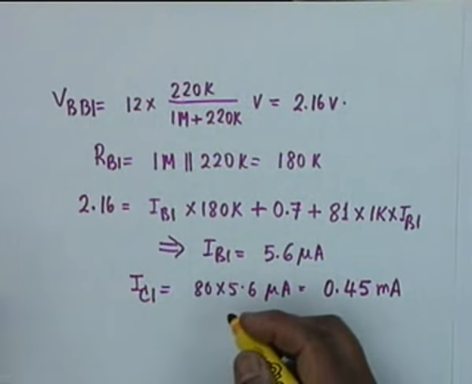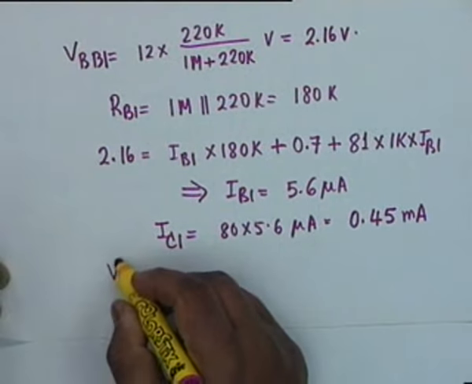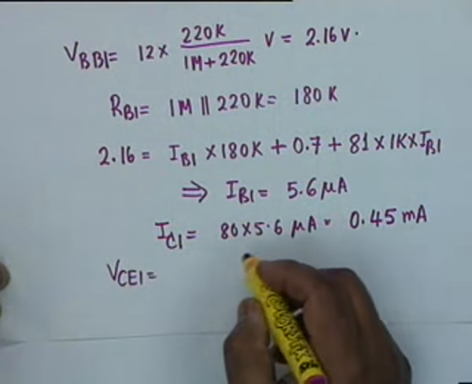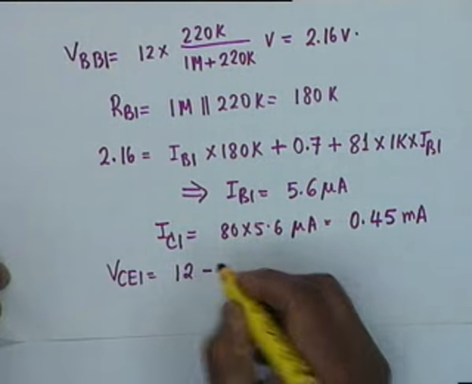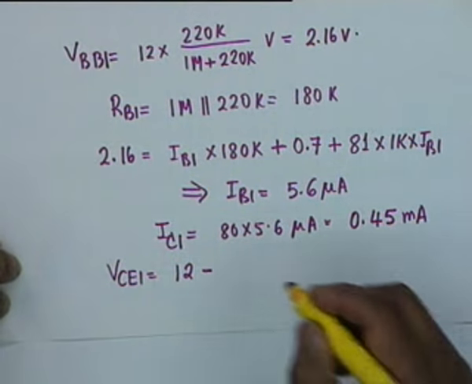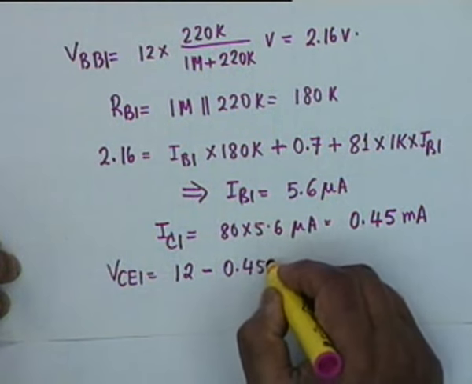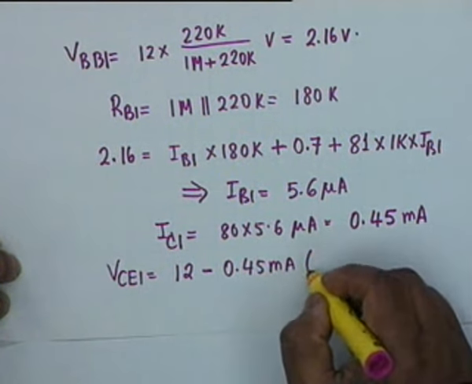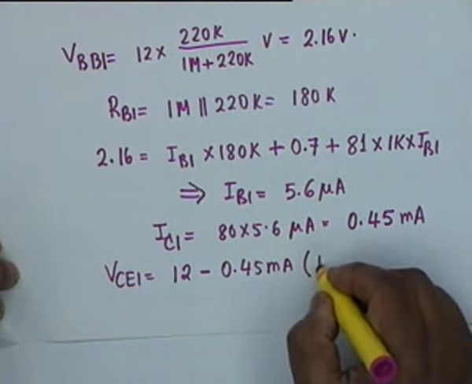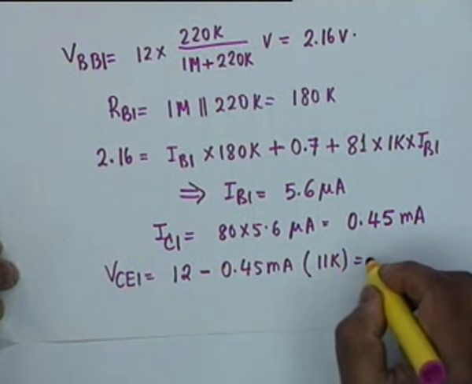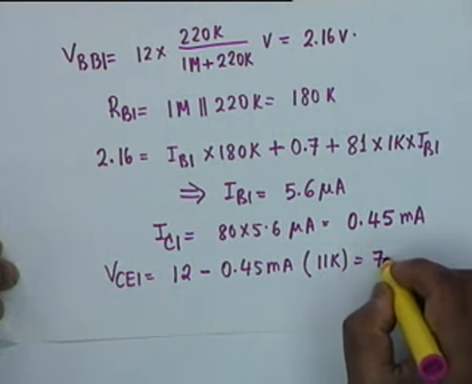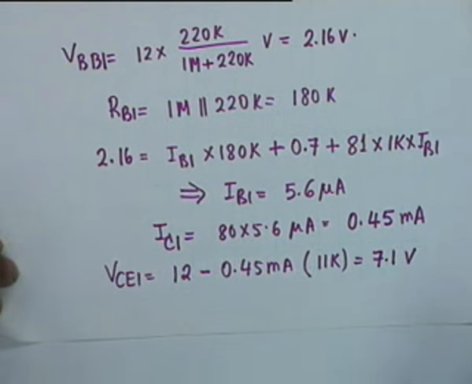Let's see what is VCE1. VCE1 is 12 volt VCC minus 0.45 milliamps multiplied by 11K, and that comes out as 7.1 volt. That's pretty good.